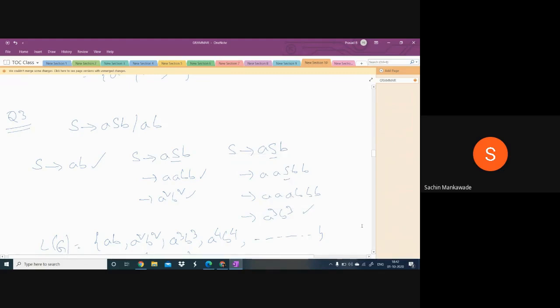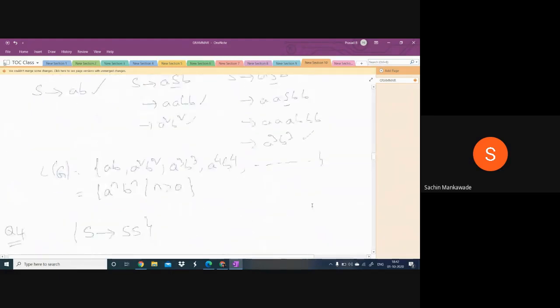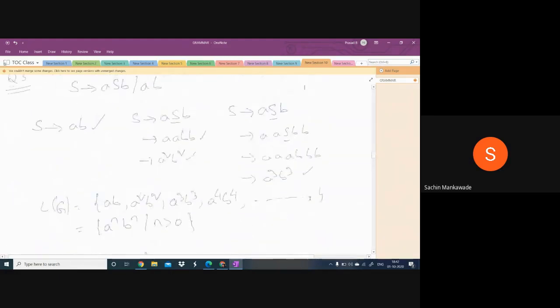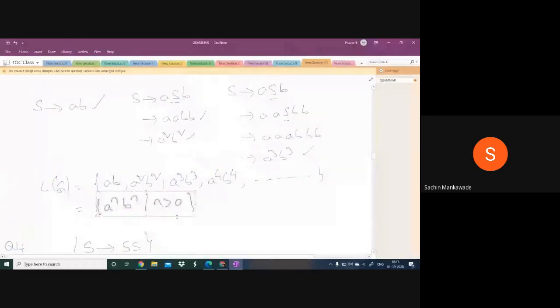So this is A cube B cube. So you understand? ASB, then S place ASB, again AB, A cube B cube. Like this, the strings we get from this grammar are AB, A square B square, A cube B cube, A power 4 B power 4, A power 5 B power 5, and so on. So in general, that is A power n, B power n, n greater than 0 or n greater than or equal to 1.